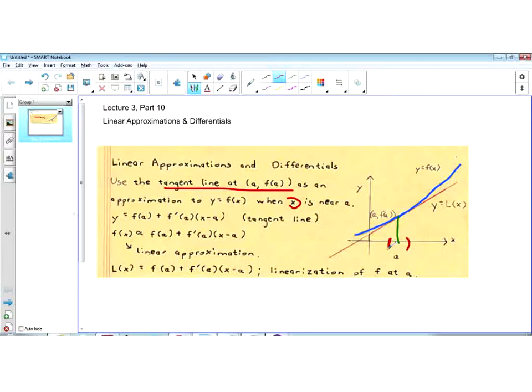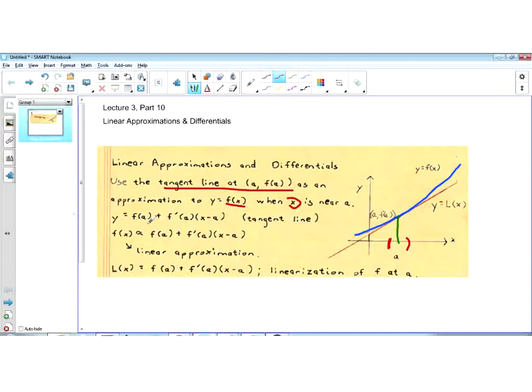So if x is near a, and I haven't defined what near is, then we can replace the definition of f of x by the equation of the tangent line at x equals a. And that would be a huge savings in terms of computations of output values of the function.